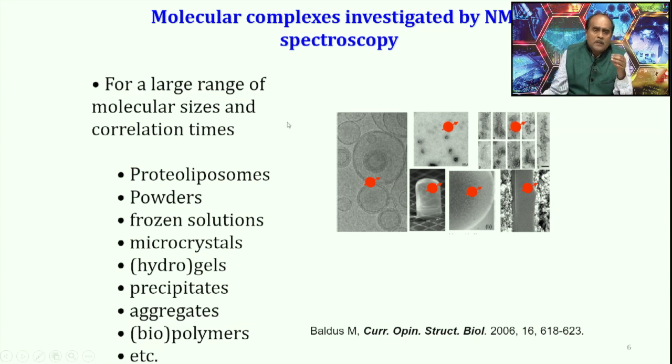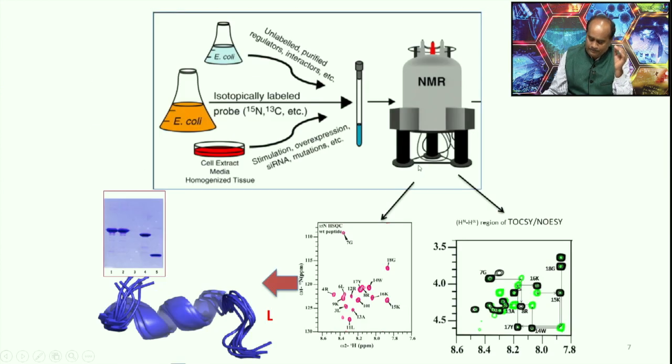Many molecules have some or other nuclei which are amenable for NMR, in various states of the samples like proteoliposome, powder, frozen solution, microcrystalline, hydrogel, precipitate, aggregates or biopolymer. All of these have protons, or some other active nuclei which can be exploited in NMR spectroscopy.